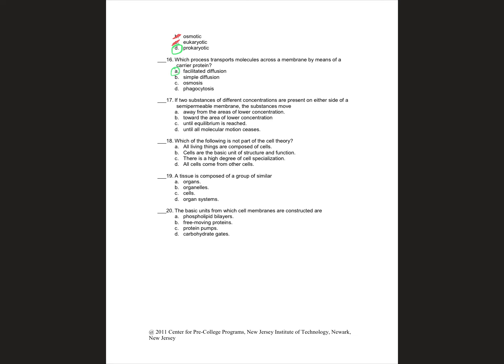It's certainly not simple diffusion. That would just mean it's passing through the membrane like oxygen or carbon dioxide from high to low, no problem. Osmosis is the diffusion of water, and phagocytosis is a form of endocytosis, where material is coming in through the enfolding of the membrane, right? So A is the only possible answer there.